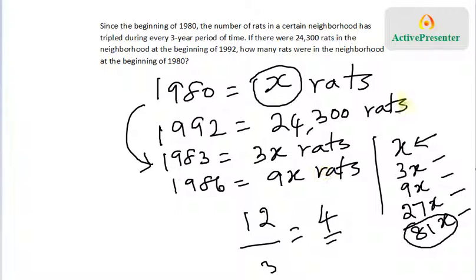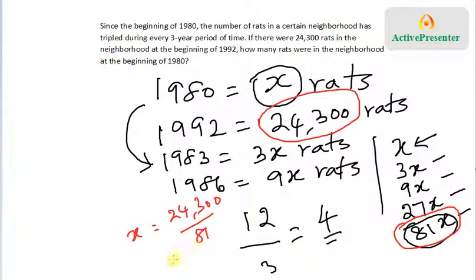So this 24,300 rats is nothing but this 81X. So 81X equals 24,300. So X will be 24,300 divided by 81, which is 300.